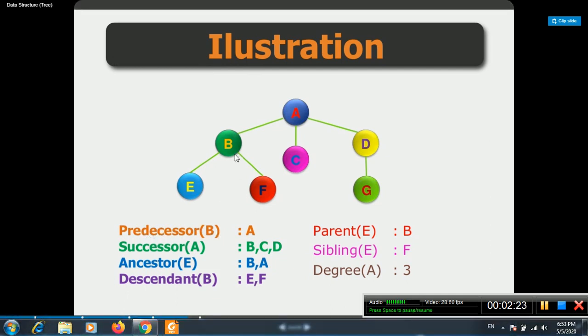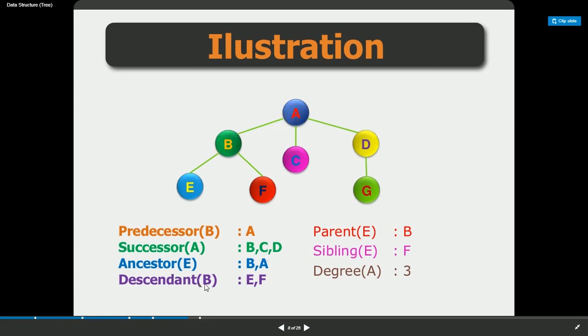Here, predecessor of node B is A. Successor of A means after A, the nodes directly connected: B, C and D. Ancestor nodes of E are the previous nodes, B and A. Descendant nodes of B are E and F, and parent node of E is B. Sibling of E is F because it has a single parent, and degree of A is 3: 1, 2, 3, B, C, D.